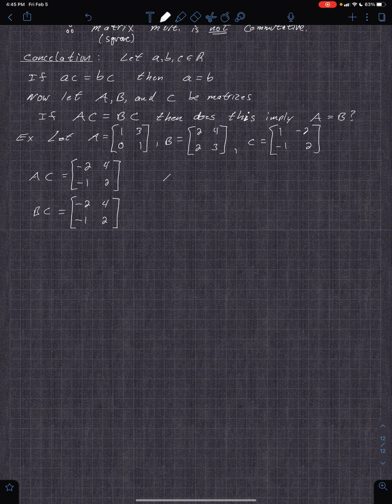So we have A times C equal to B times C, yet A does not equal B. Therefore, there's no cancellation property.